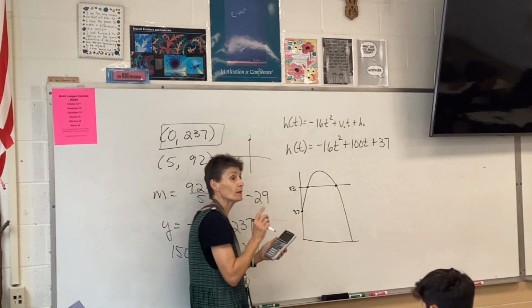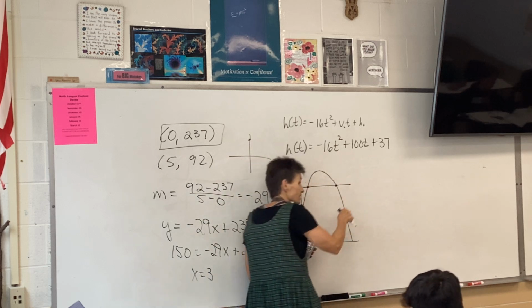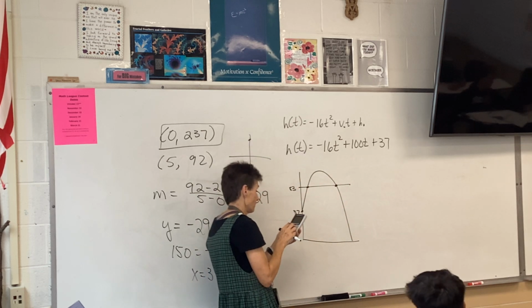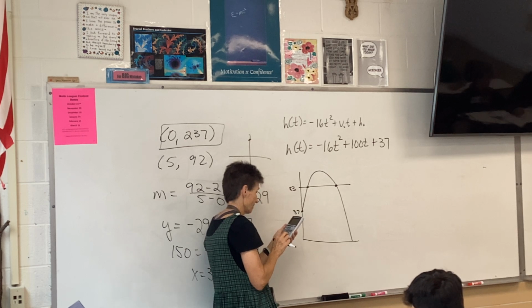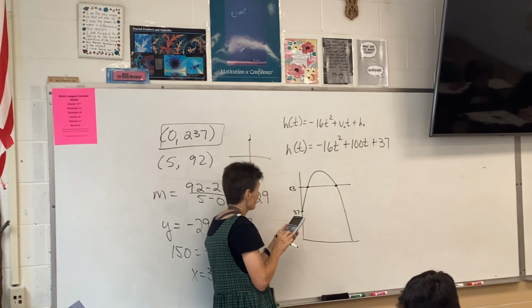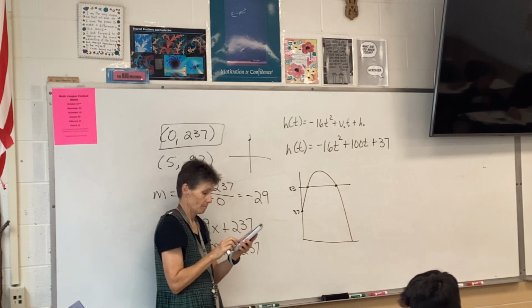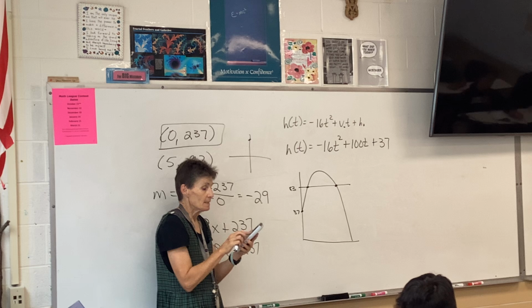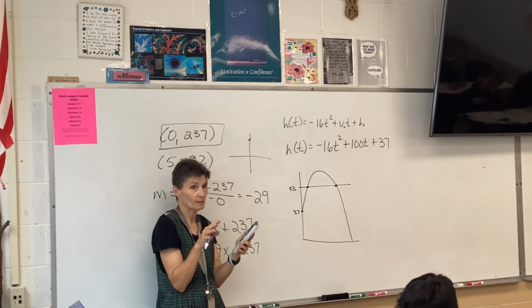So if I do it graphically, this is going to go in as y1. And y2 is going to be 83. Now, if you just hit graph right now, it is not going to look good.